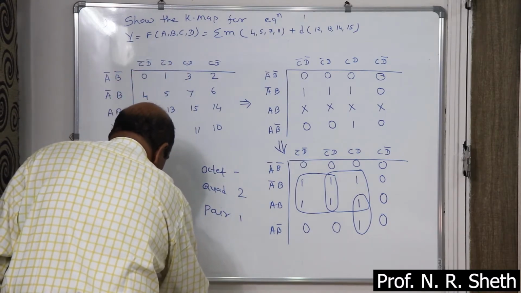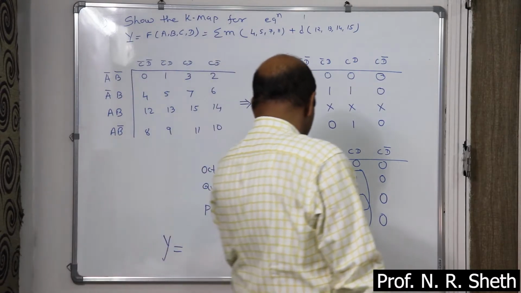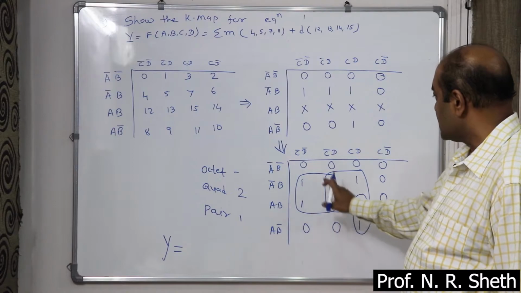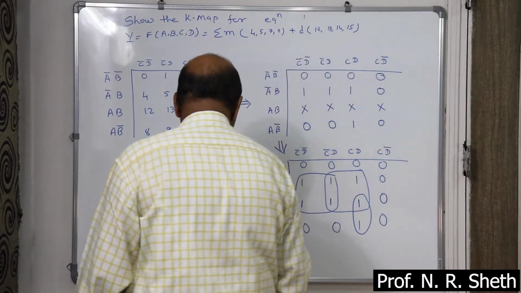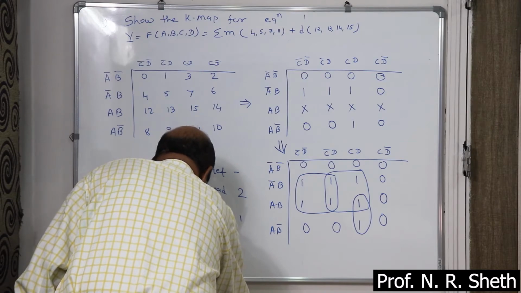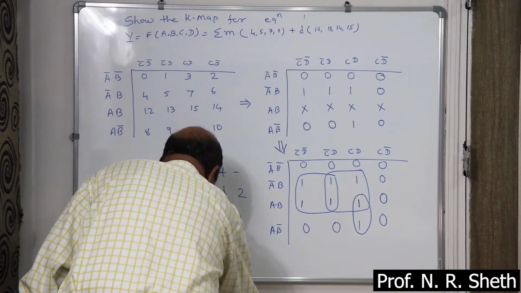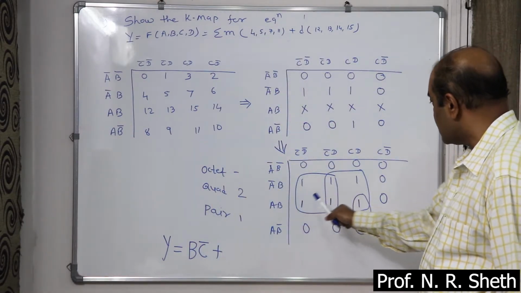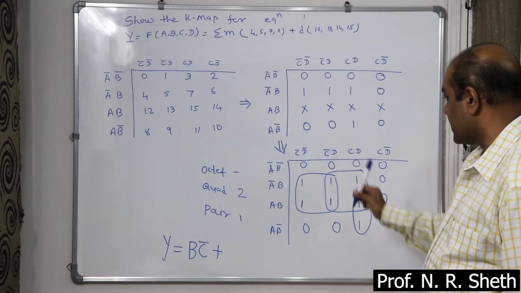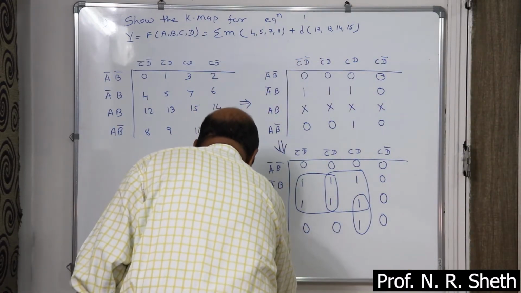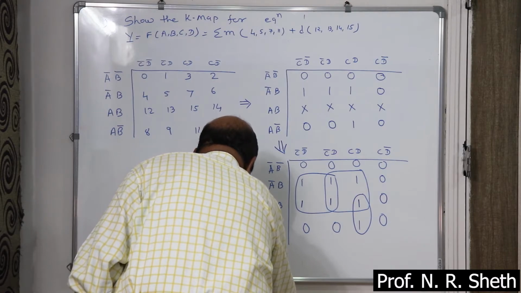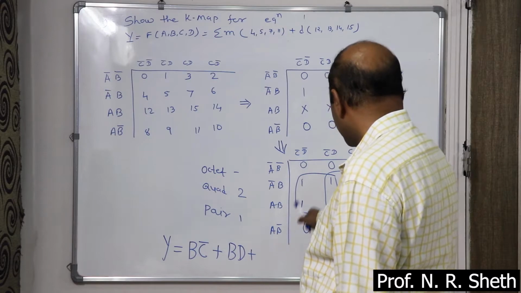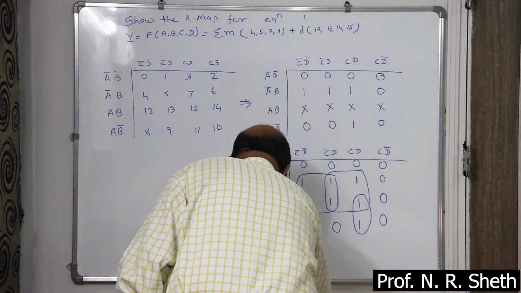And your Y equals, for this one, A bar cancels, D bar cancels, so BC bar. For this part, A bar cancels, so B, and C bar cancels, so D. So plus BD, plus for this pair, B bar cancels, so ACD.